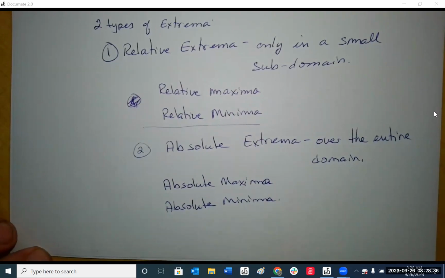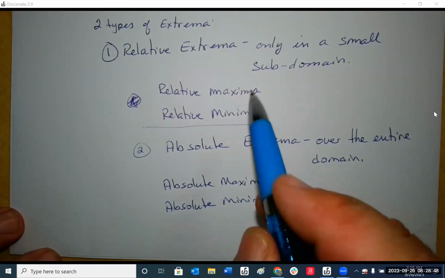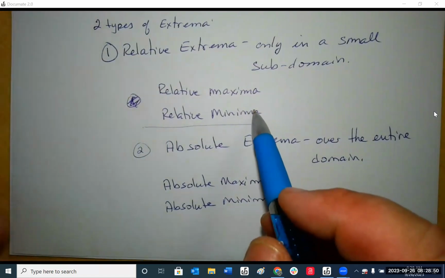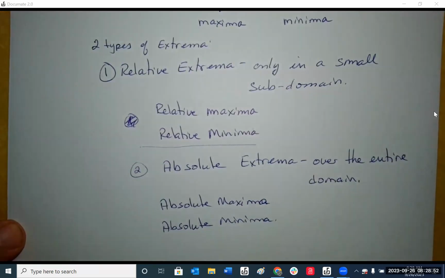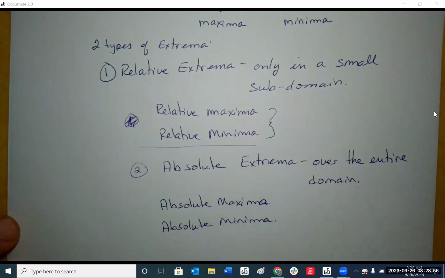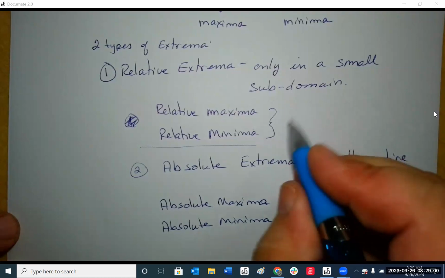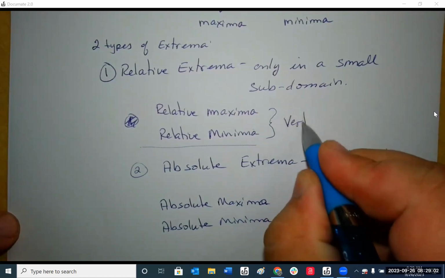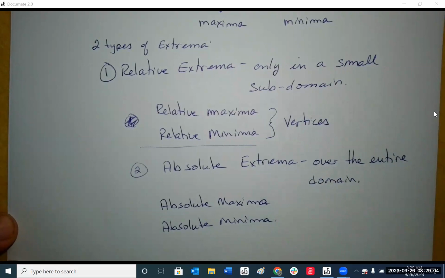So these are the highest and lowest overall. So far, so good. Relative maximum minima, these extrema points, they have names. They're called vertices.